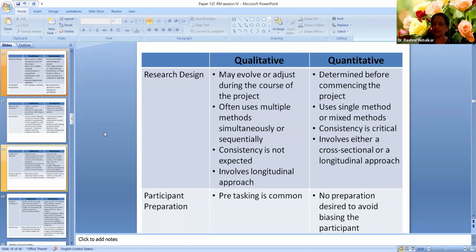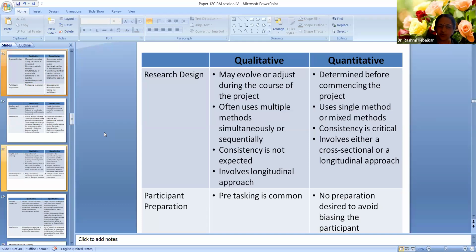When the sample you are to collect for your quantitative research is, suppose, 300, all these 300 respondents must get the same questionnaire. Otherwise, it will be difficult to do the statistical analysis and come to a conclusion.